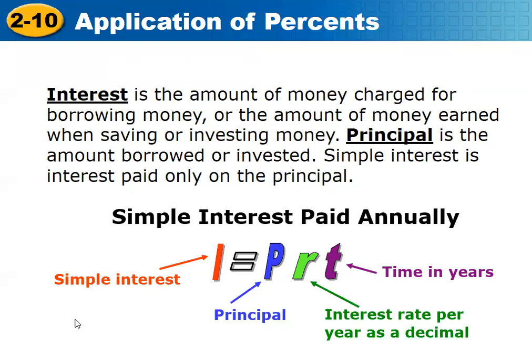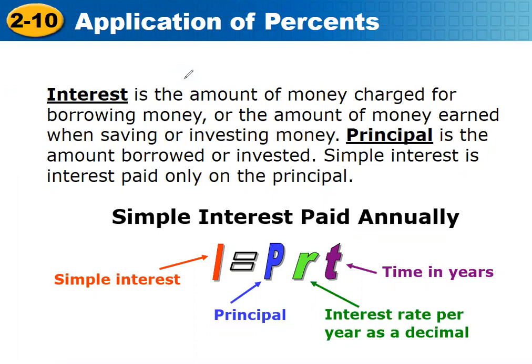Then again, we have I, so this is simple interest. P for the principal, R for the interest rate, and as you know, the rate is a percent. And T should be per year.